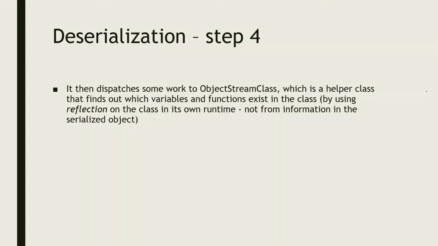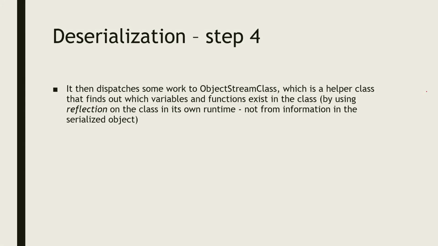Then it dispatches some work to ObjectStreamClass. This is a different class in the JDK. It is a helper class that finds out which variables and functions exist in the class by using reflection on the class in its own runtime, not from information in the serialized object. Reflection is a concept where a programming language can look at itself.